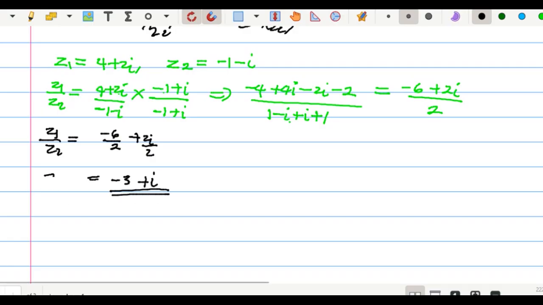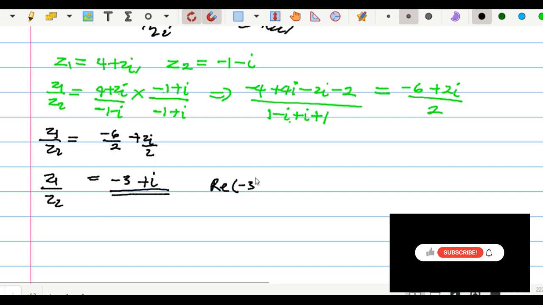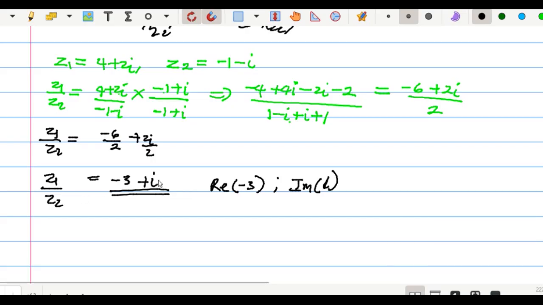That is our answer, z1 over z2. And from here, your real part is minus 3 and your imaginary part is just 1 there. So that is the real part of z1 over z2, and then the imaginary part of z1 over z2.